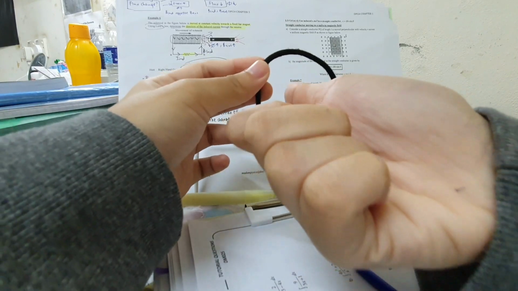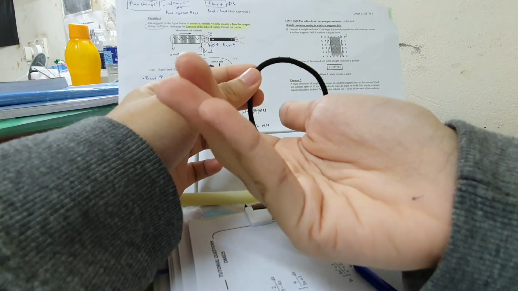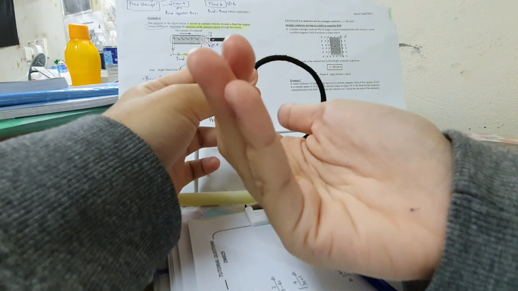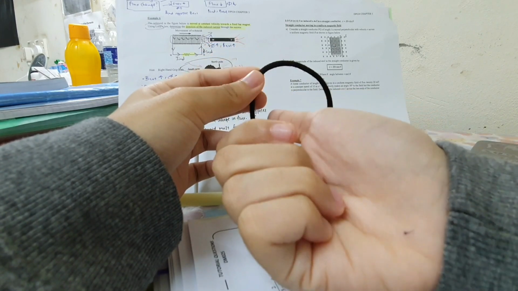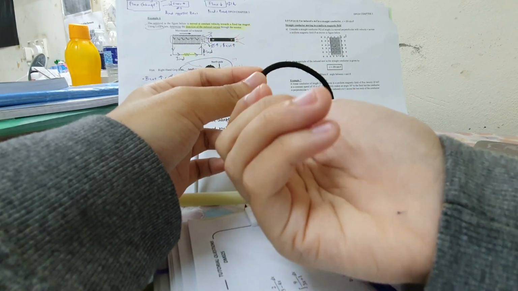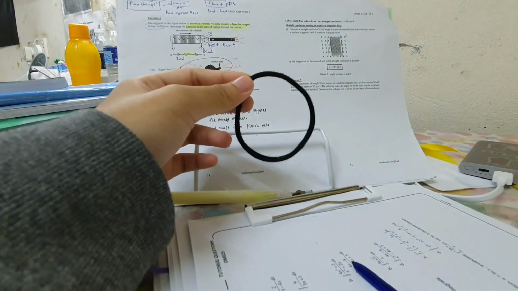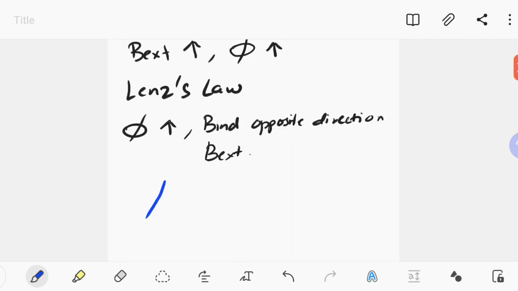So when we go here, our fingers will go clockwise. So that means the induced current will go clockwise. Therefore, the direction of the induced current is clockwise.